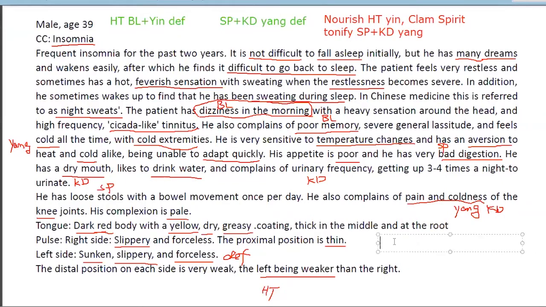So book points. Then Kidney 6, yeah, Bladder 45, yeah. Heart 3, clear some heat from the heart. Anmian, help sleep.